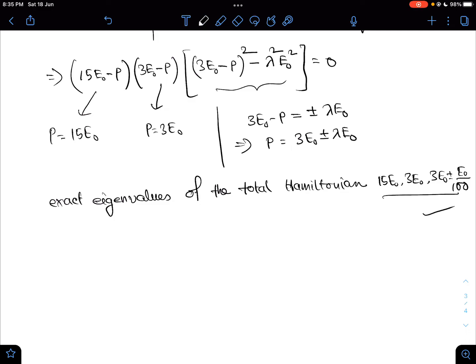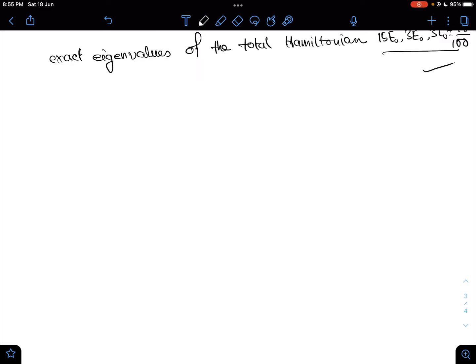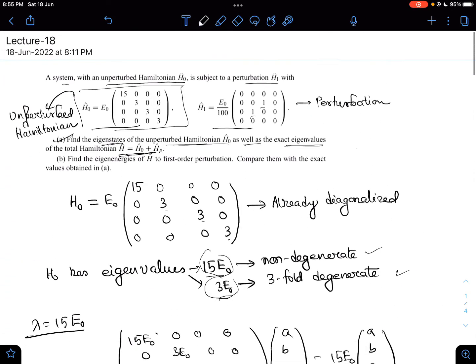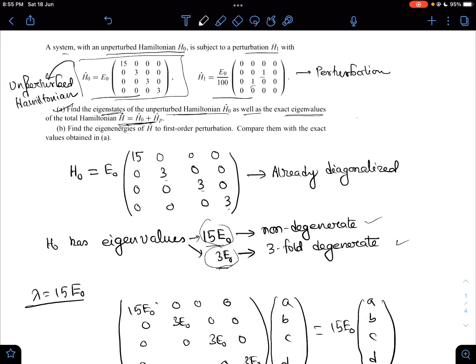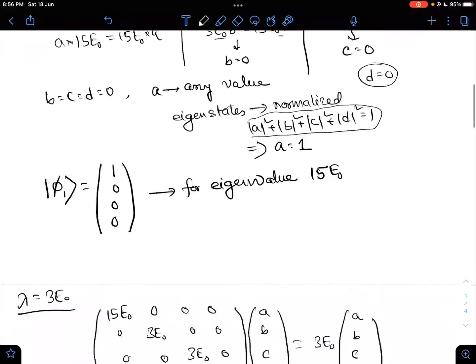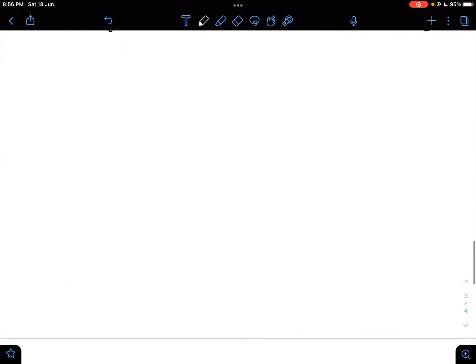So these are our exact eigenvalues. Now we have to find the eigenenergies of H to first order perturbation, and compare them with the exact values that we obtained in part A. So let us proceed.